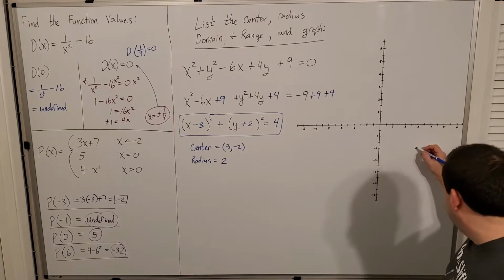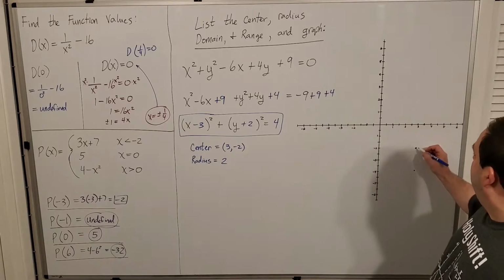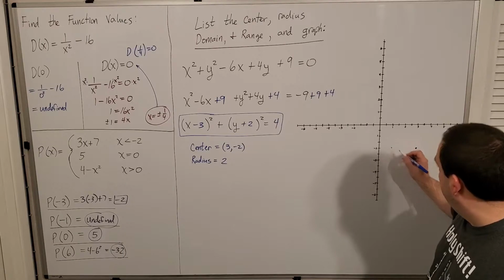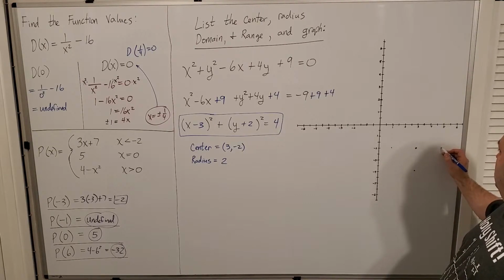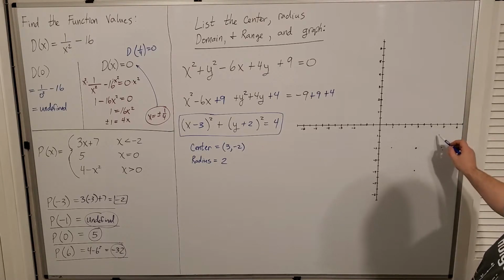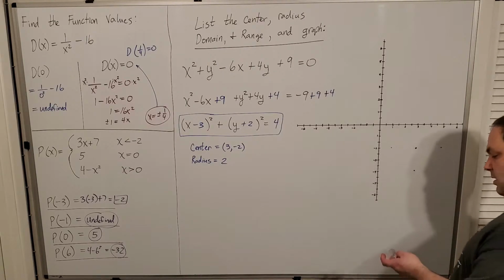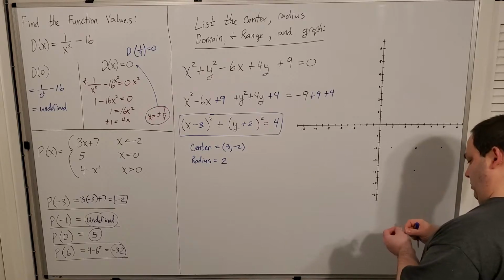I'll count 2 down, which will put me at -4 on the y-axis. I'll count 2 to the left, which will be at the point 1, -2. And I'll count 2 to the right, which will be at 5, -2, right here. And then, of course, the circle is going to be all of the points that go around there. So let me see if I can use my trick here.